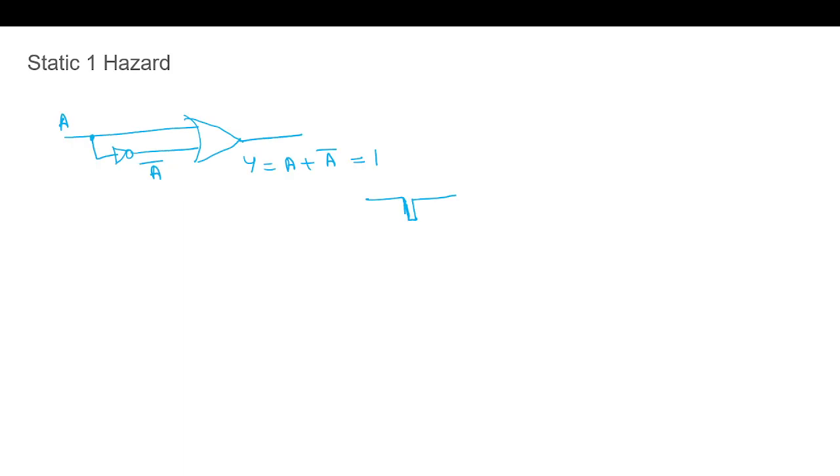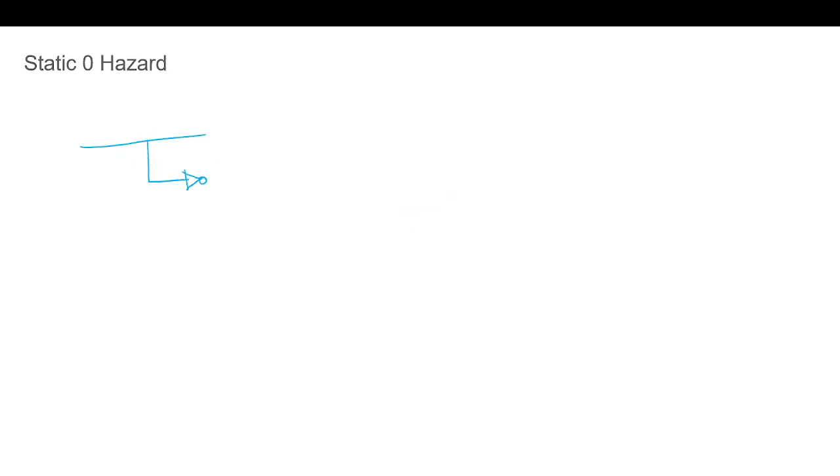And we have the static 0 hazard. The previous one is the static 1 hazard. For static 0, under certain input combinations, the circuit is reduced to the form where Y is equivalent to A into A bar, then a static 0 hazard occurs.